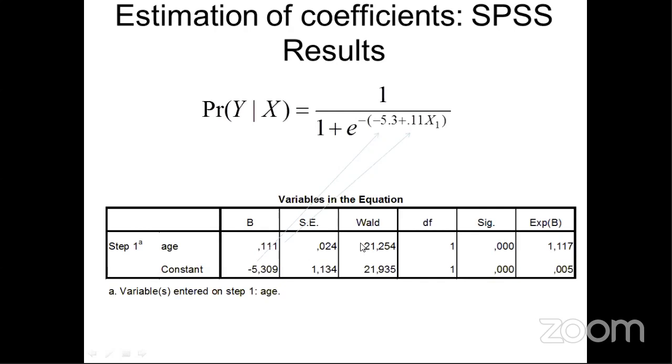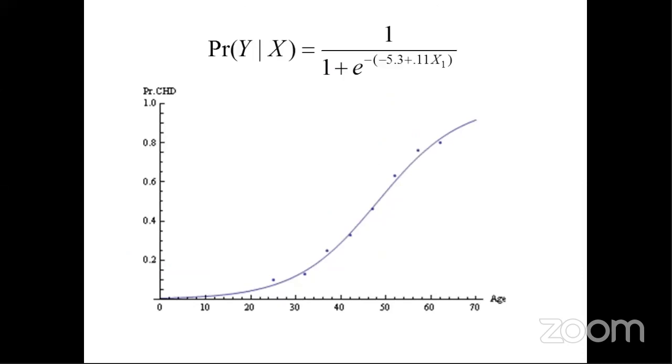Before getting to interpretation, as you already noted, we have to check or test the fitness of the model, or assess the model fit. To assess the model fit, one way is this: this is the result which we have obtained, and the diagrammatic representation of our logistic model with the estimated values of minus 5.3 for the constant and 0.11 for the coefficient.